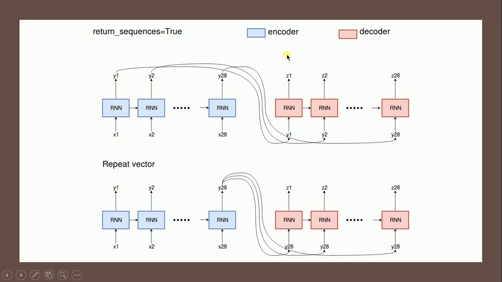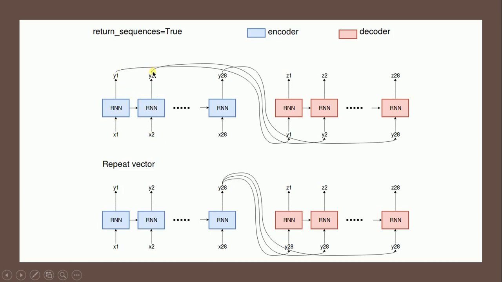With return sequences true, each hidden state output is returned. In our case we have two inputs, the length of one sentence is 2 words, so we have two inputs to the layer and we got two hidden state outputs.